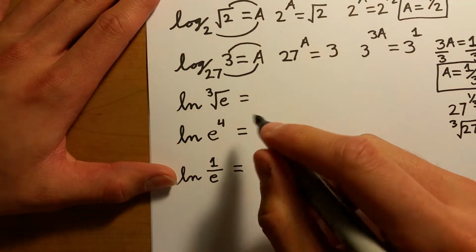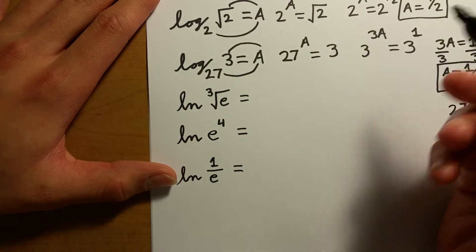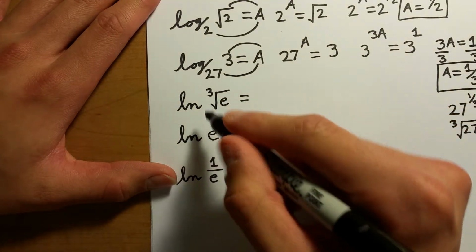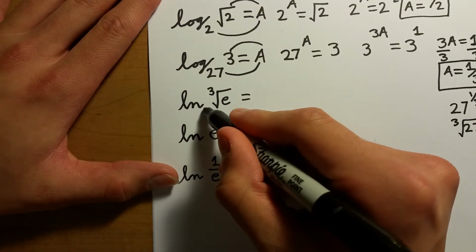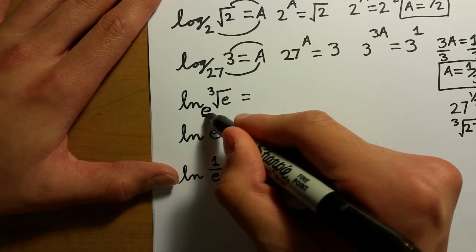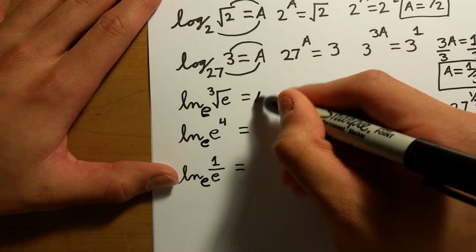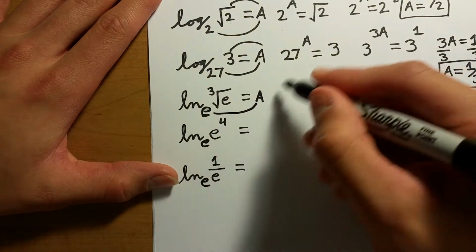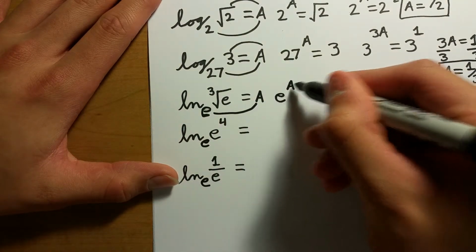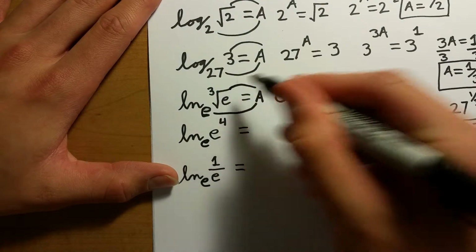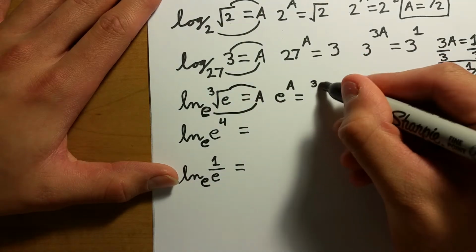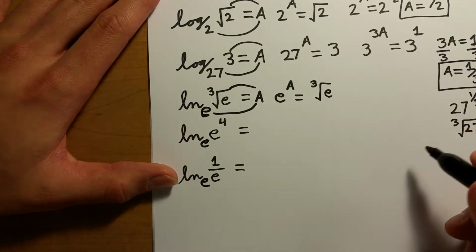And now for natural logs. The same exact rules apply, except you need to remember that for a natural log, your base is always e. I like to rewrite it sometimes, it helps me remember. So then e to the power of your answer is going to be equal to the cubed root of e.